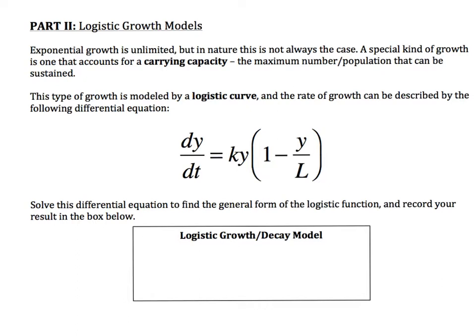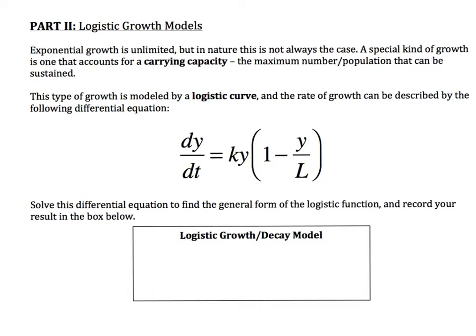A few things we need to note here. In this equation, k is obviously a constant, and guess what else is a constant?